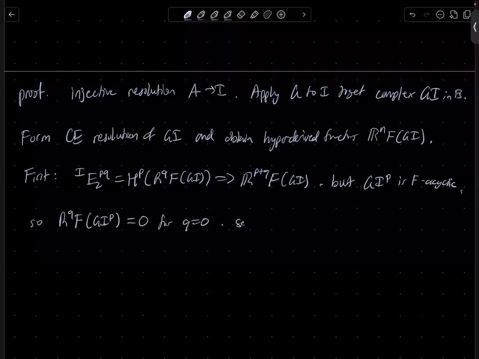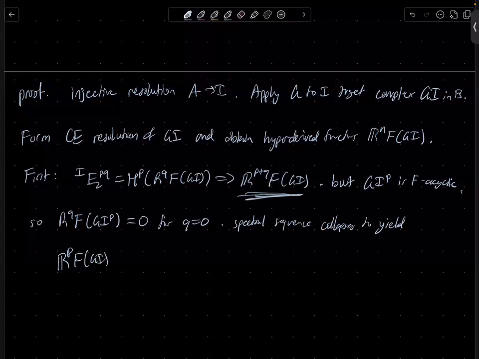So the spectral sequence collapses to yield what? So that's R^P F(G^I). Here I'm taking Q equals 0 on the right-hand side.